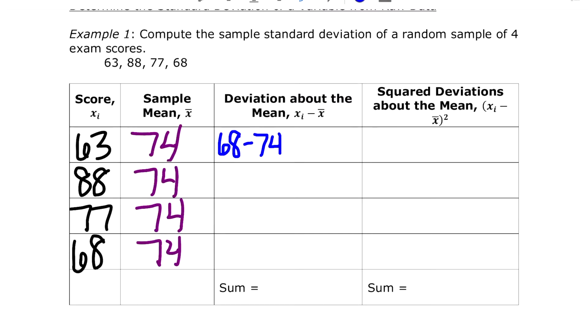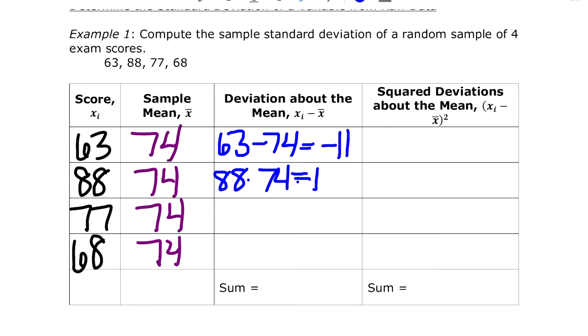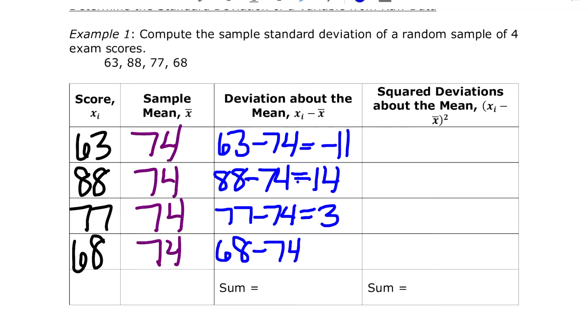So 63 minus 74, getting ahead of myself, let's fix that, 63 minus 74, which is negative 11. 88 minus 74, which is 14. 77 minus 74 is 3. And 68 minus 74 is negative 6.